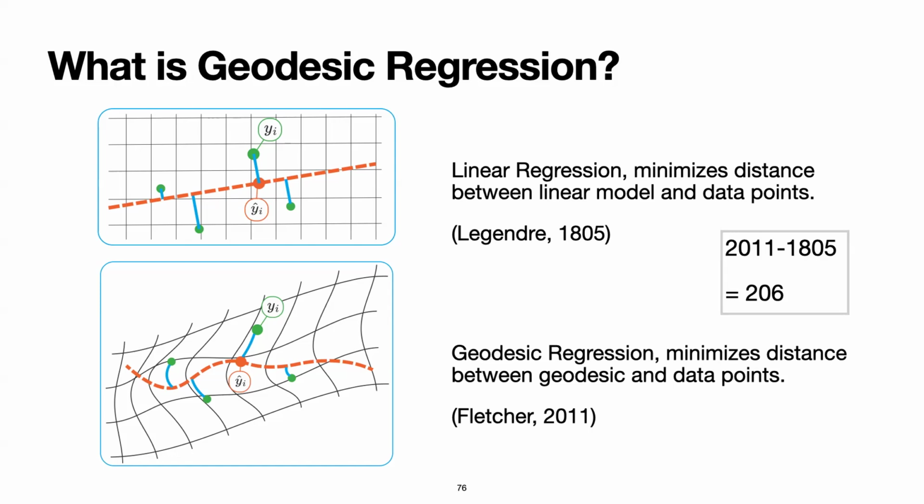Because if you have a point here, on this right side, and you have a tangent vector here, then this is the unique geodesic that will be produced by this point and this tangent vector. So the point is kind of like a y-intercept, and the tangent vector is kind of like a slope. So when we're learning the geodesic, we're varying the point and the tangent vector, given the metric.